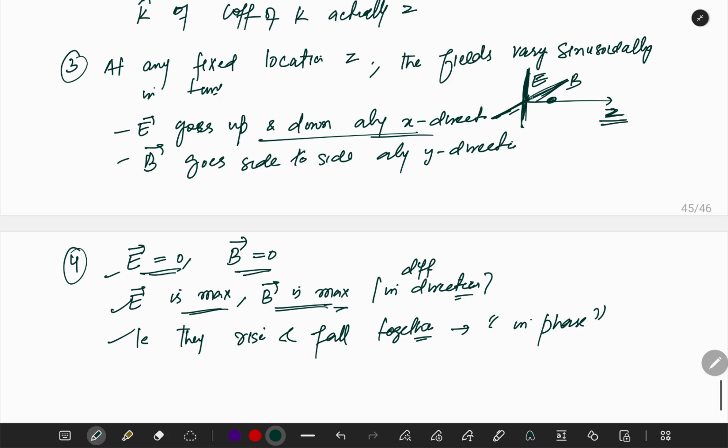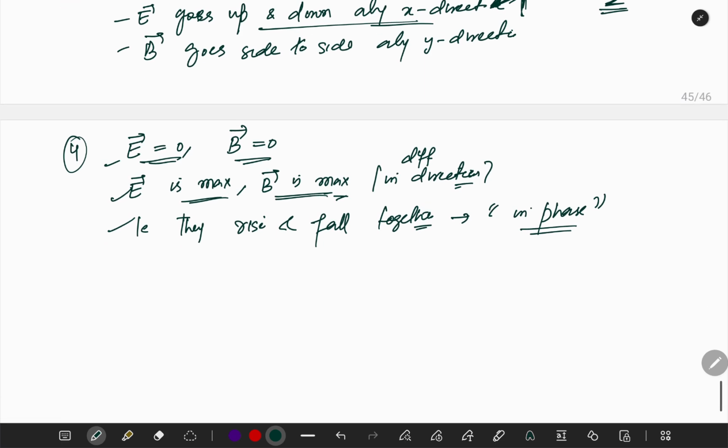So they rise and fall together. That's what we would say in phase. But are E naught and B naught same? When E becomes maximum, B becomes maximum, but the value is not same. Value is different. Actually, B naught is equal to E naught by C.